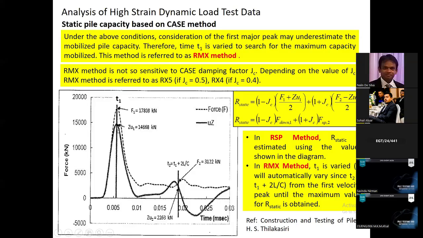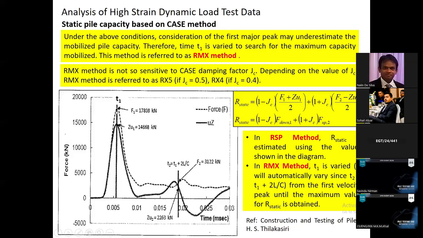If you know F1, ZU1 and F2, ZU2, by using this equation you can calculate the mobilized pile capacity. This can be calculated in real time during the test, right? So this capacity is used to check whether the pile has mobilized the required test load. If the required test load is mobilized, then we can terminate the PDA test.